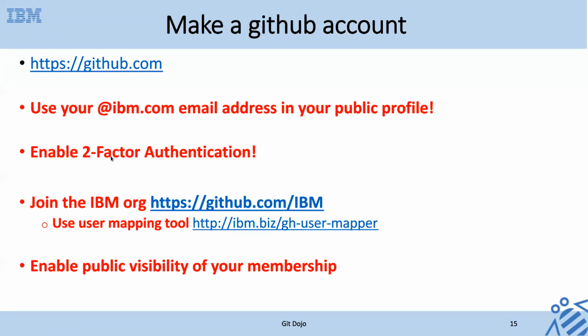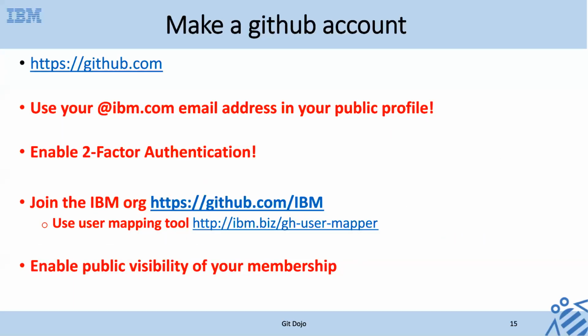I do suggest everybody, if you have the opportunity, set up two-factor authentication, just because once you have a certain amount of power over projects, it's kind of enforced. But it's also just a good idea in terms of account security. I'll leave everybody else who has their own companies to follow their own company rules.